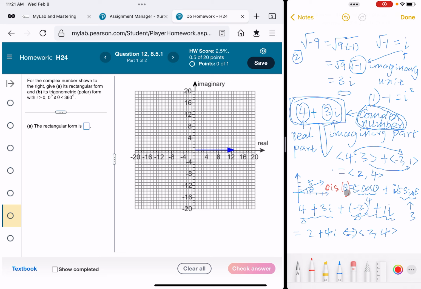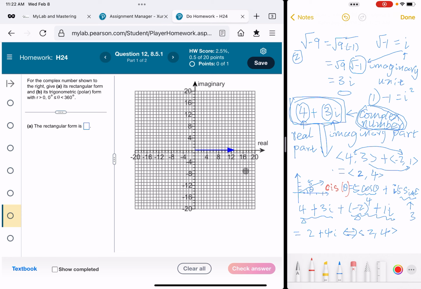Cis theta. It's pretty much like CSI, crime scene investigation, but here it is cis. This is just to help you remember cis and then theta.